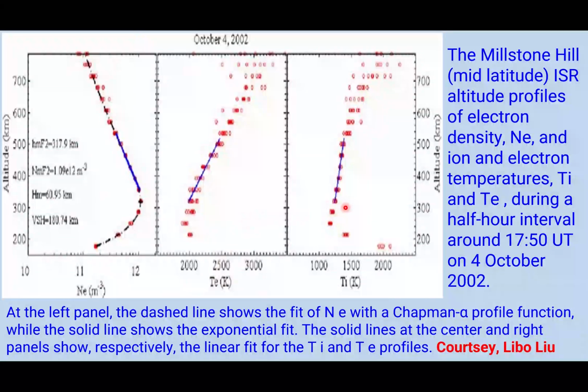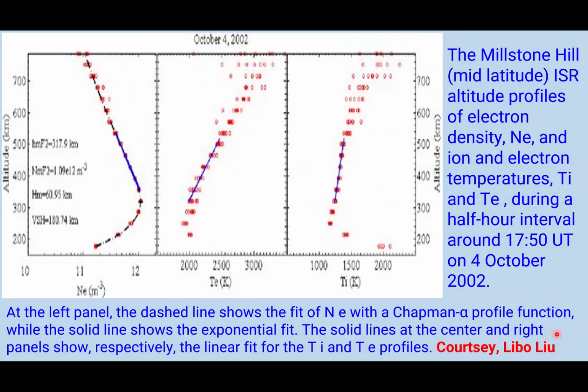Then the neutrals and ions are always in collision, so they come to a sort of thermal equilibrium. Therefore, the neutral temperature is almost equal to the ion temperature, but the electron temperature is consistently higher. The solid lines in the center panel and right panel show respectively the linear fit for the observed TI, ion temperature, and TE measurements. This slide is taken from the work of Liu.